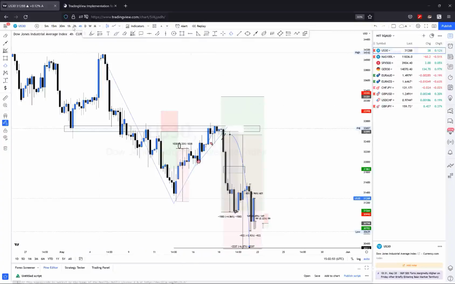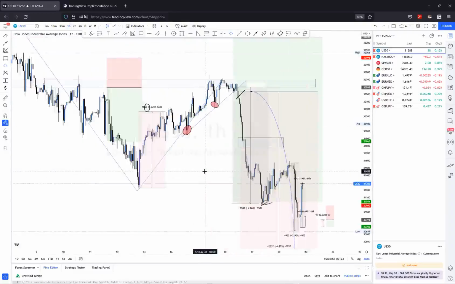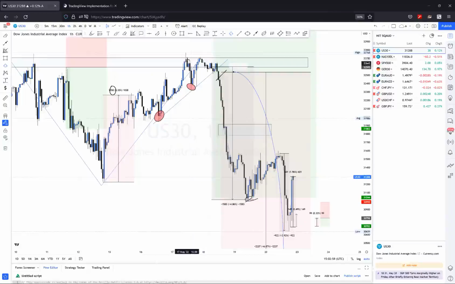So for US 30, this trade was taken on the 1 hour time frame. After price created this double bottom here, double top. Price created this double top here, pushed down, and a break of this level here.